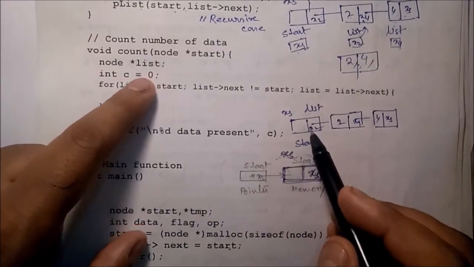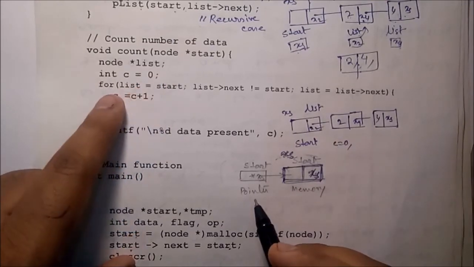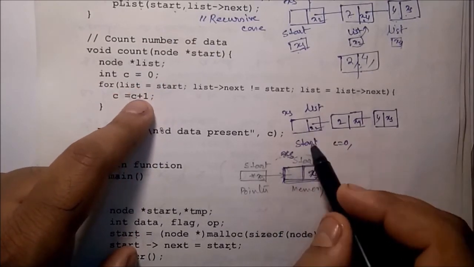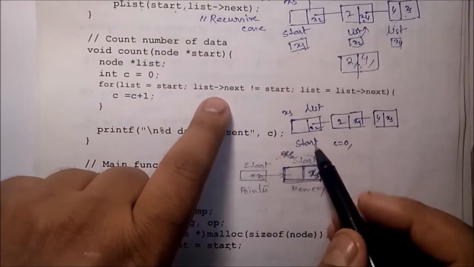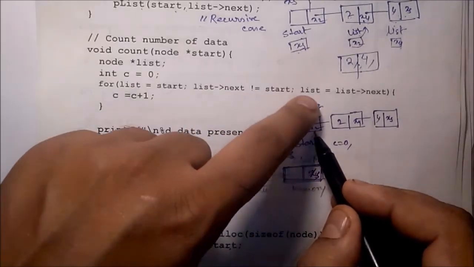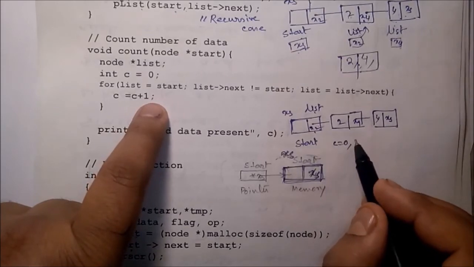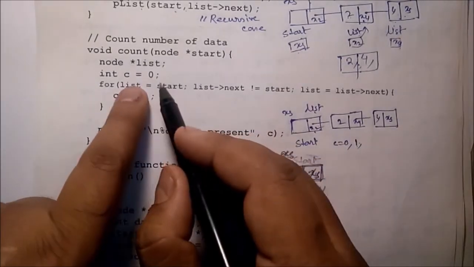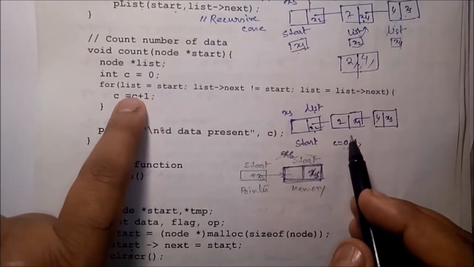Node list, c is equal to 0. List is equal to start, same. List next not equal to start, this particular condition is true. Then c is equal to c plus 1, so the value of c is 1 because the initialization of c is 0, now c is equal to 1.